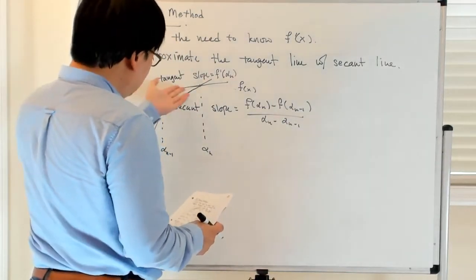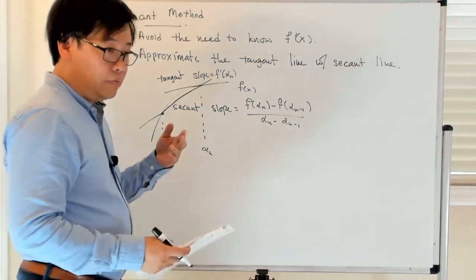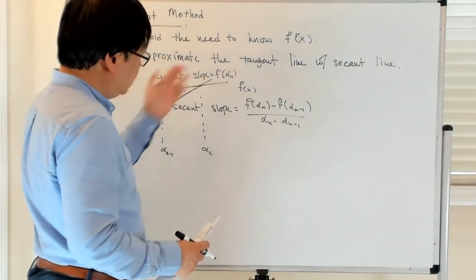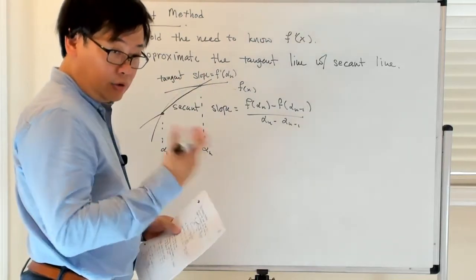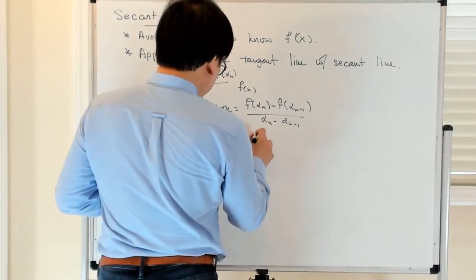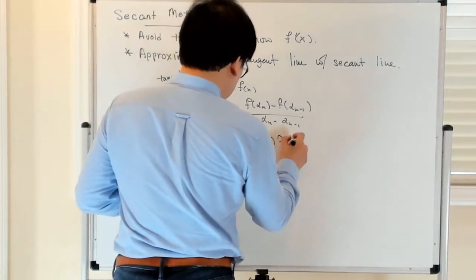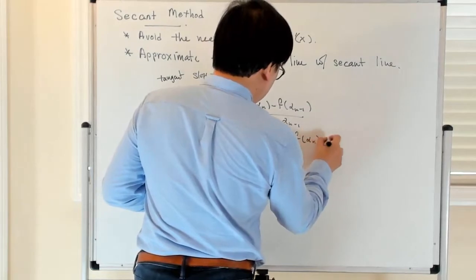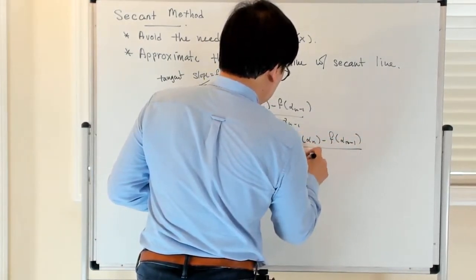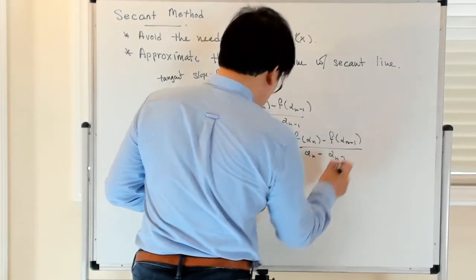In fact, if you recall, that's how we define the derivative of a continuous function using limits. So f prime at alpha n is approximately equal to f at alpha n minus f at alpha n minus 1 over alpha n minus alpha n minus 1.